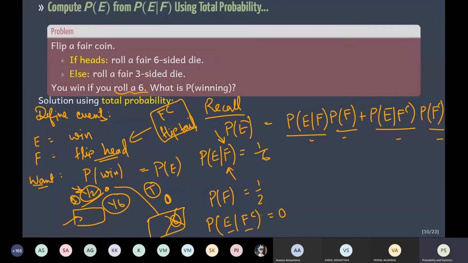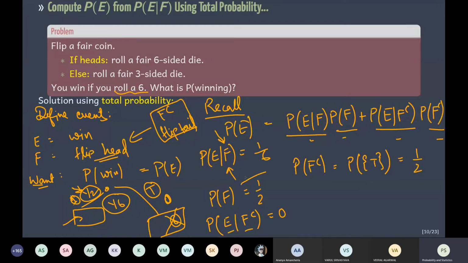Then the probability of F complement is half, because probability of F complement is the probability of tail. The probability of tail is the same as the probability of head, so it's half. You could also do 1 minus half.